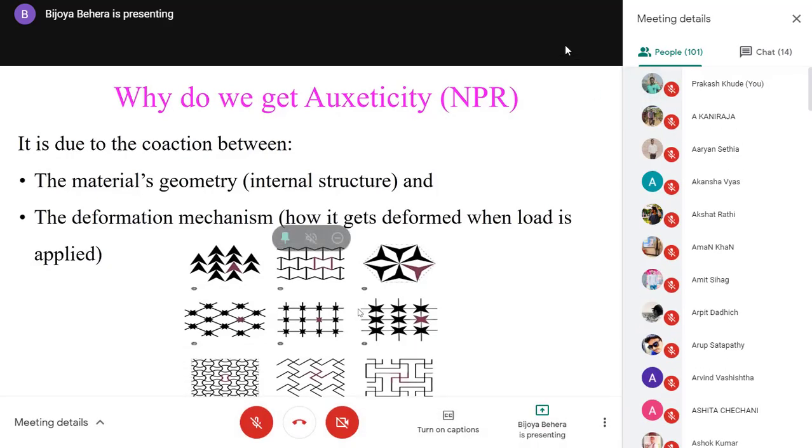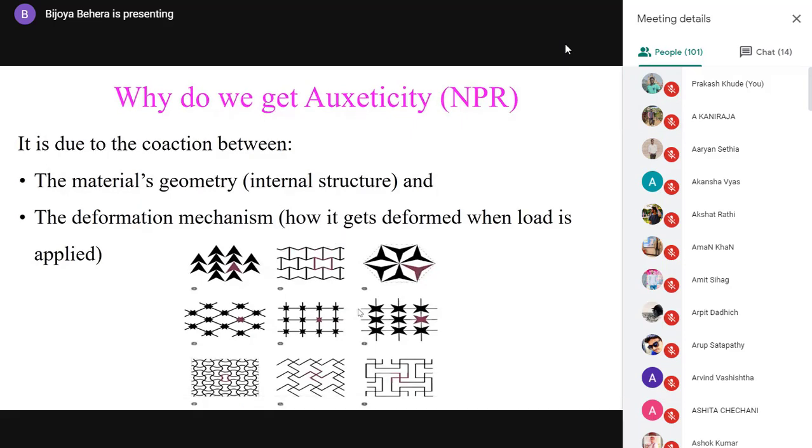I'll show you some examples of such geometry. Some geometry examples are shown below in the diagram. There are 9 different geometries. They are all objective geometries. Subsequently, I'll show how, if you try to expand this geometry in one direction, it also expands in the other direction and vice versa. So this is the first reason, that is internal structure or geometry.